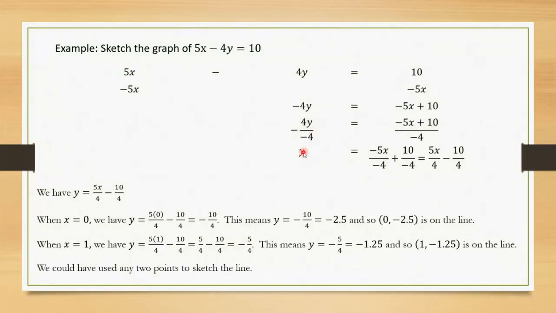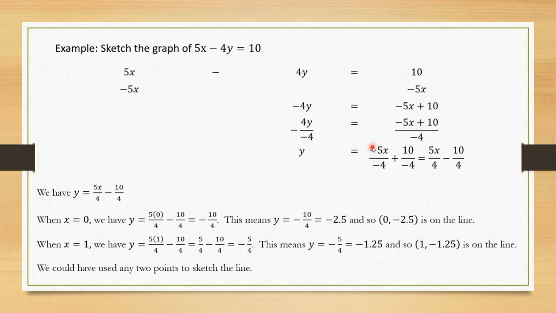You get y left over on the left side. On the right side, you want to make sure you divide minus 4 into each term in the numerator. I've seen students not do that. They would do maybe minus 5x over minus 4 plus 10. Make sure you divide into each term in the numerator.